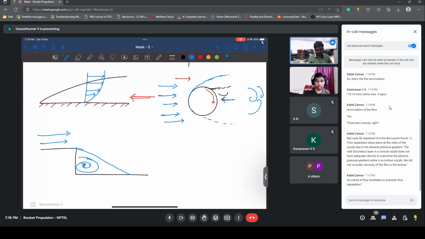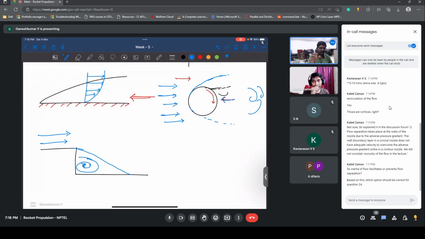Basically, the effective pressure gradient is in the direction of flow. When I say effective, I mean the forward pressure gradient and the adverse pressure gradient added together. If the effective gradient is along the direction of flow, there is no flow separation. When it changes sign, at that time flow separation happens, right?